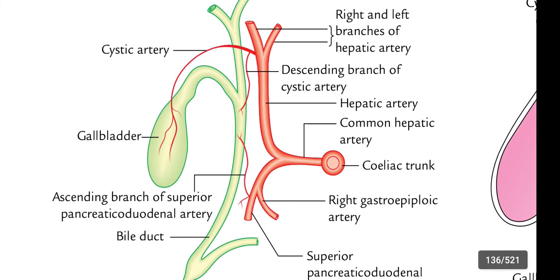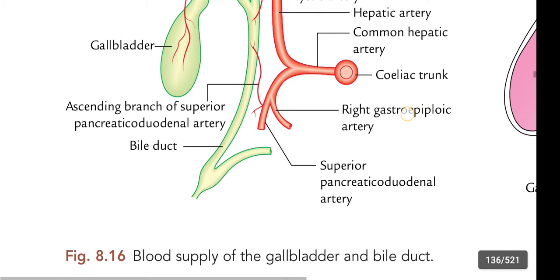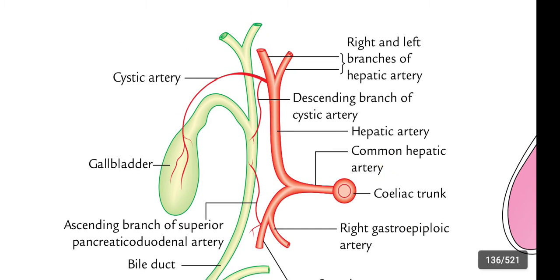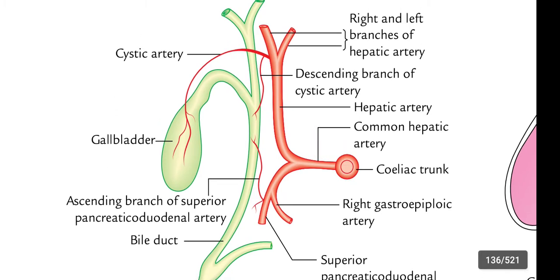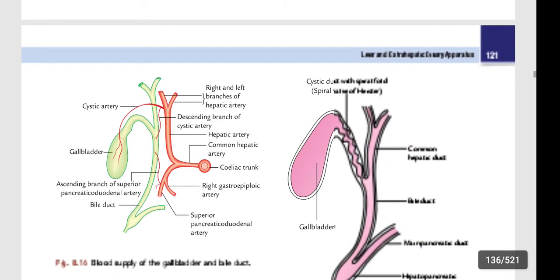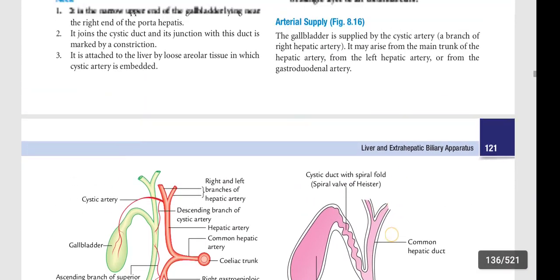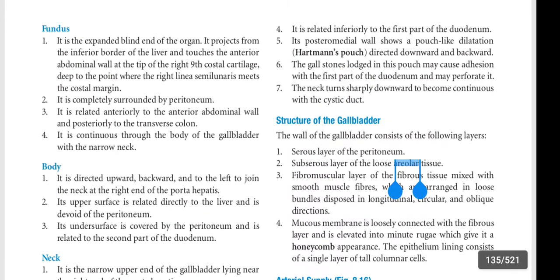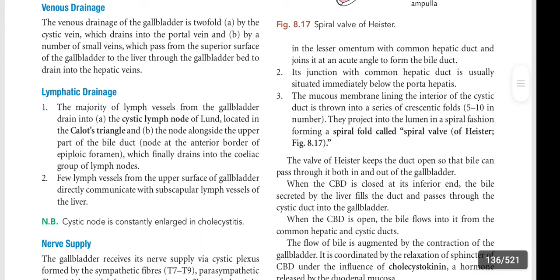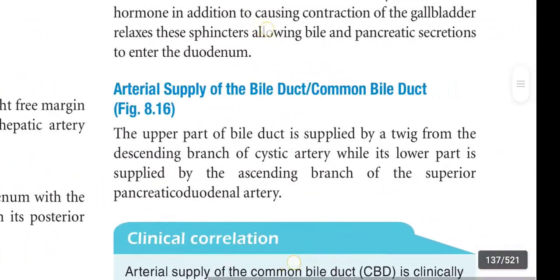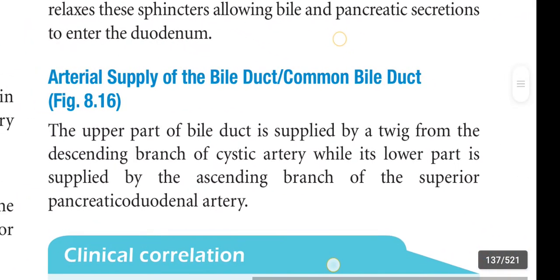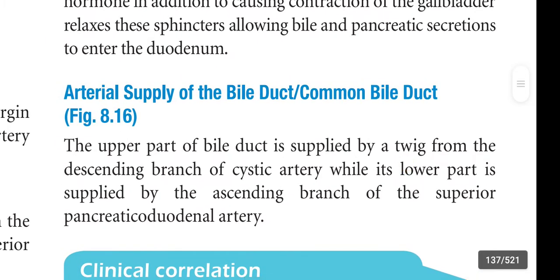This is the diagram that shows the arterial supply of the gallbladder. Now, arterial supply of the bile duct or common bile duct.